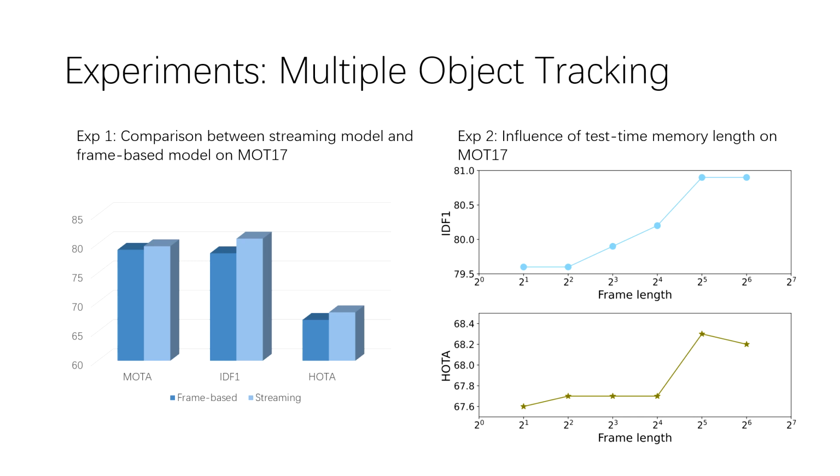As depicted in the red figures, extending the test time memory length considerably enhances the tracking performance. These two experiments demonstrate that temporal information plays a vital role in frame-based tasks like MOT, and the streaming video model performs better in such tasks compared to the frame-based models.